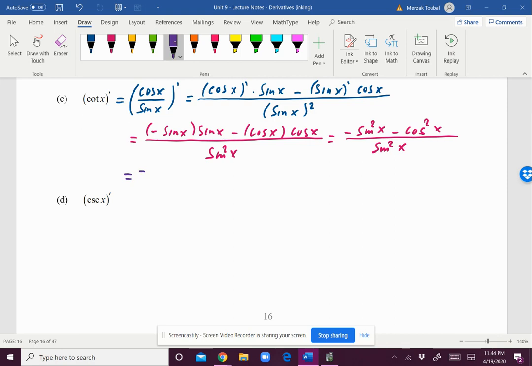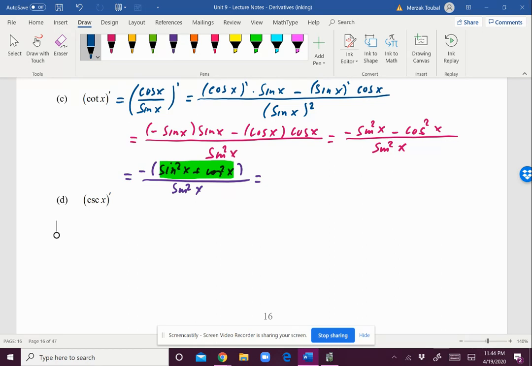Now, if I take the negative as a common factor, I'm going to have a negative of sine squared x plus cosine squared x divided by sine squared x. And what is sine squared plus cosine squared? That's 1.